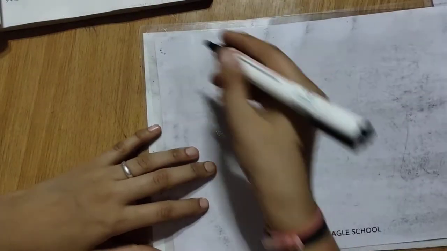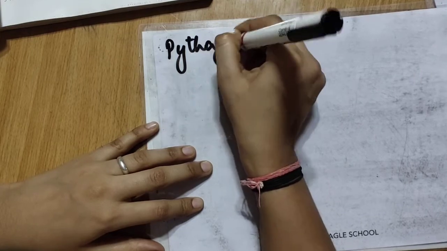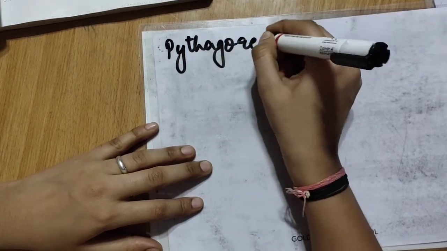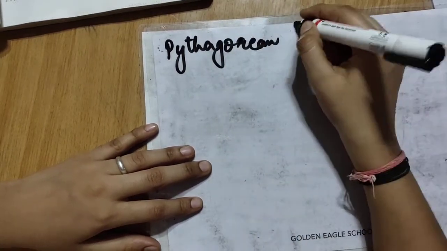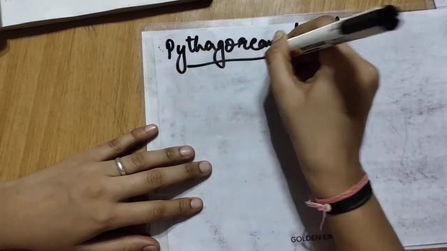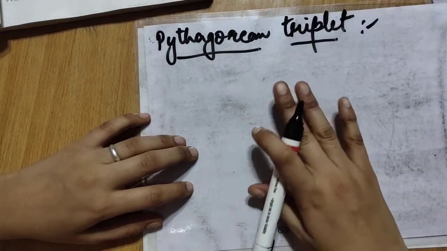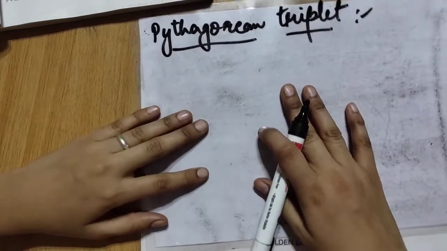Now we'll move on to the next topic, that is Pythagorean triplet. This is the triplet based on the Pythagoras theorem.